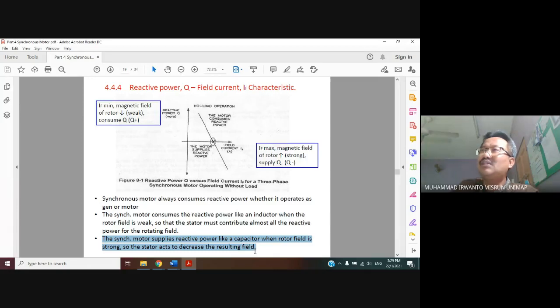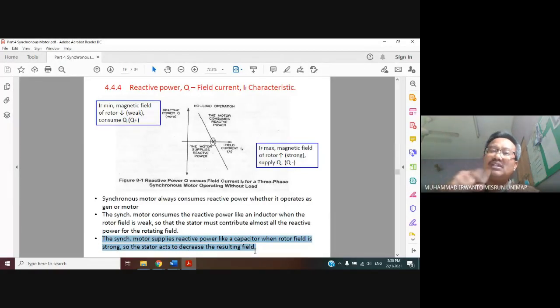I am not sure how strong it is in Weber per meter for the rotor field, but it mentions here that the rotor field is higher than the stator field. Maybe like that. So the motor can act like a capacitor, meaning it supplies reactive power.